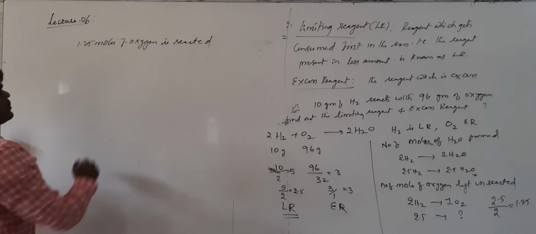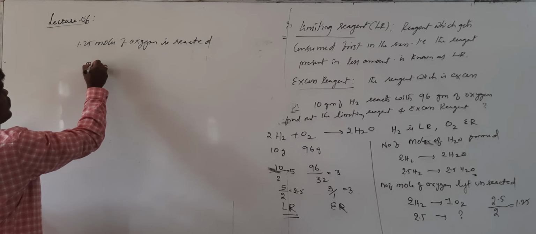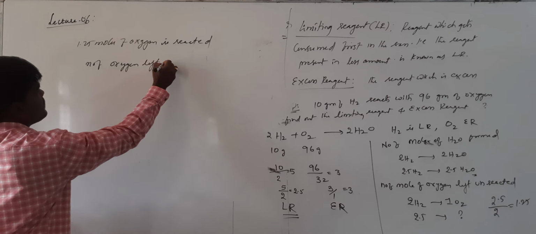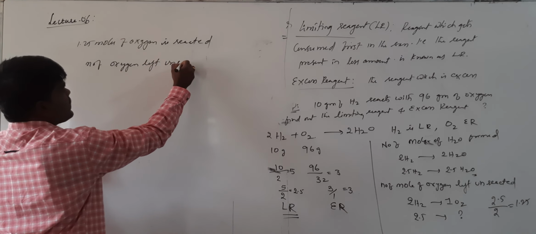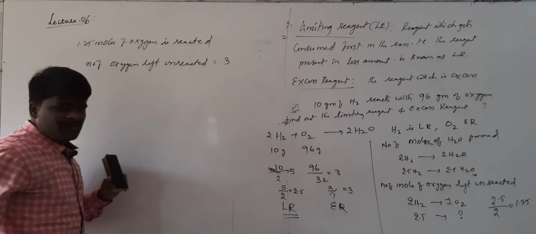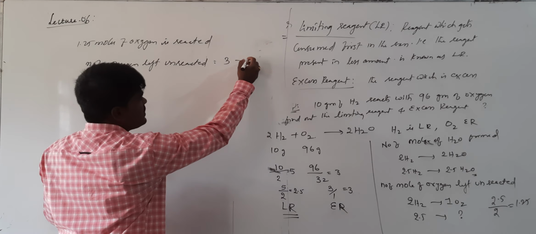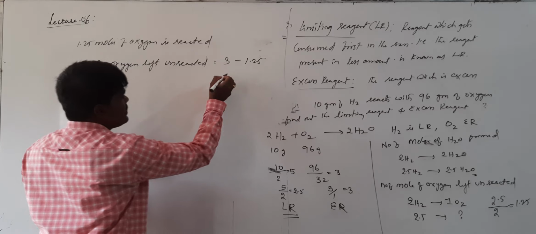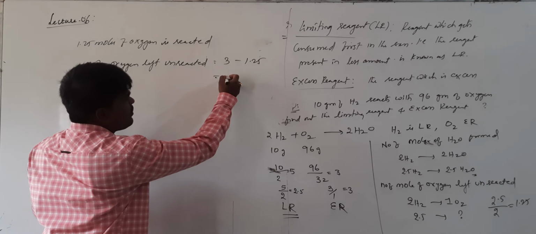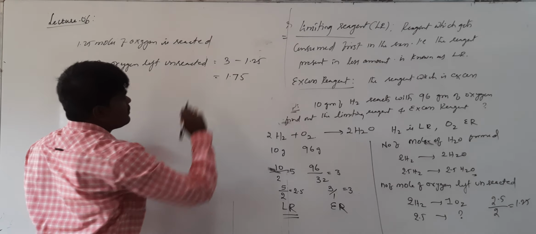So the number of moles of oxygen left unreacted is the total number of moles minus the number of moles reacted. How many moles are reacted? 1.25. So the number of moles left is 1.75.